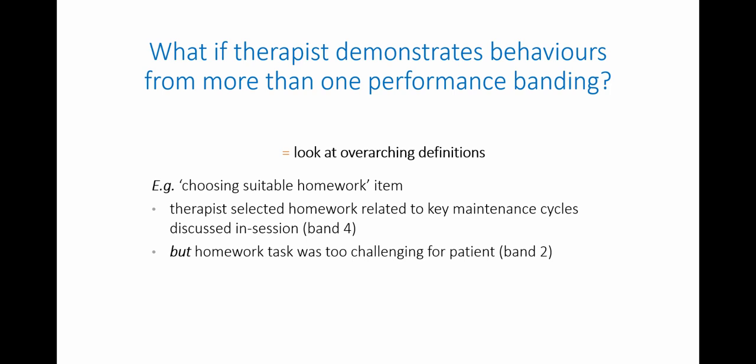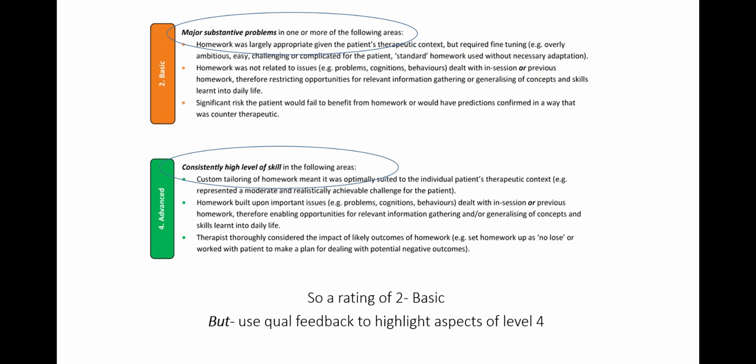What we want to do is then think about where this fits in terms of the overarching definitions. So we might want to think, actually, this was a major substantive problem, so we'll give them a rating of 2. But what we can do is use the qualitative feedback section to really highlight those areas of performance that were consistent with that high level of skill.